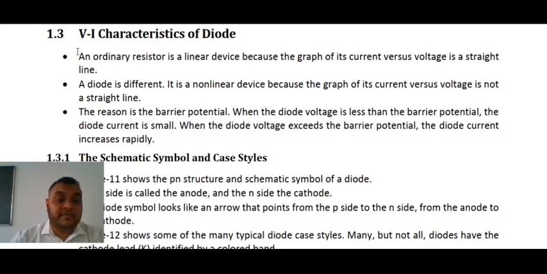An ordinary resistor is a linear device because the graph of its current versus voltage is a straight line.